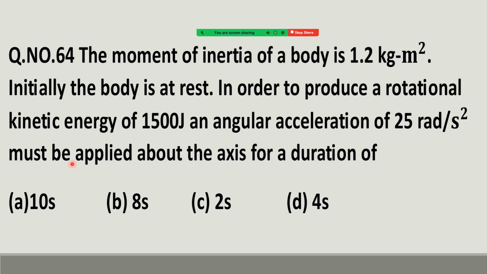So see the condition given here. Moment of inertia given 1.2. Body at rest initially. We have to produce 1500 joule kinetic energy, alpha 25. So how much time we have to apply this one? Okay, let us see.